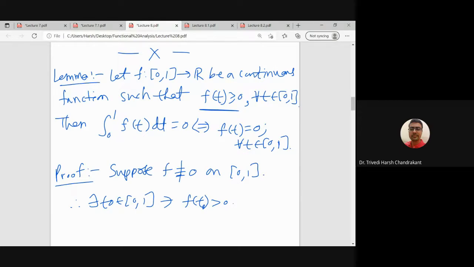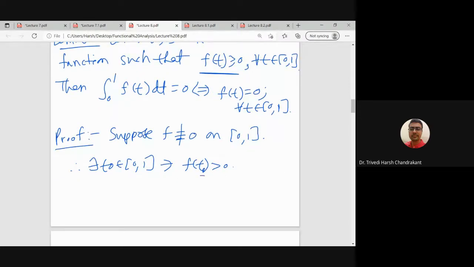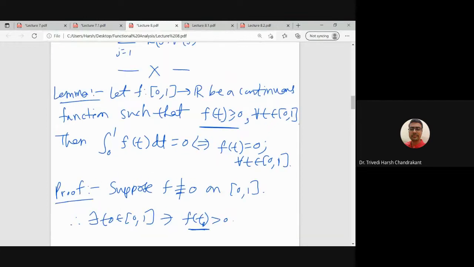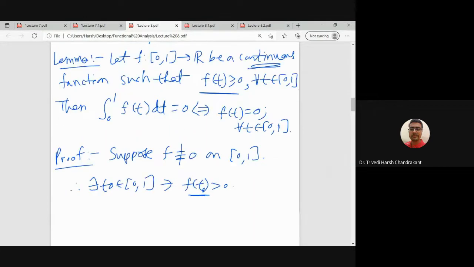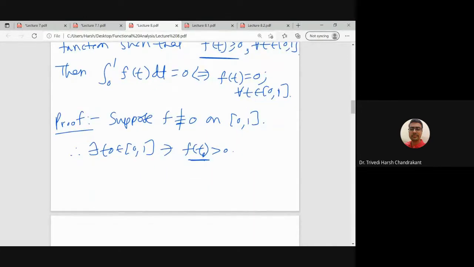So now we can use this as a positive number and we can use the continuity of the function at t naught. So what we'll do is we will assume epsilon in terms of this value, that is half of f(t naught).